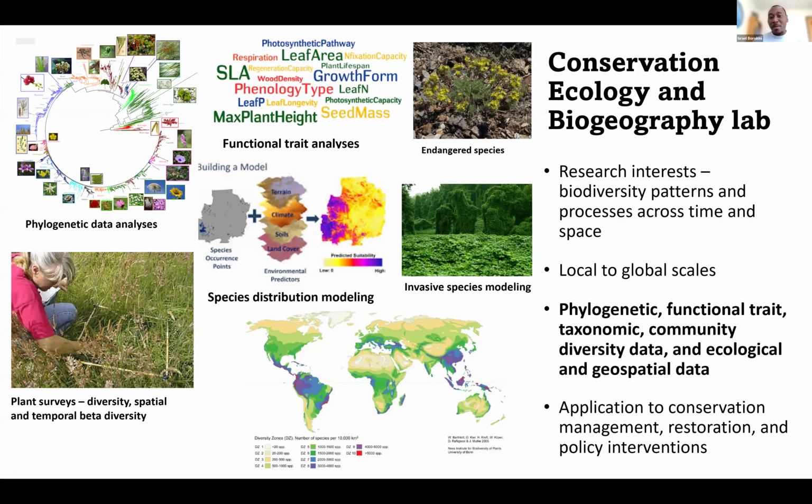And I work with plants most of the time. Occasionally, I work with animals when I have willing collaborators, but most of the time I use plants in my research, and I have work spanning across small scale to broad global or continental scale.